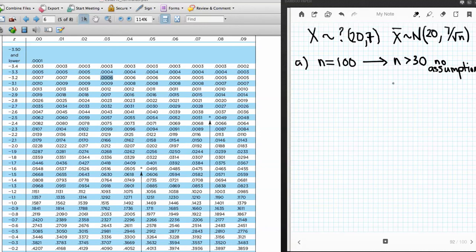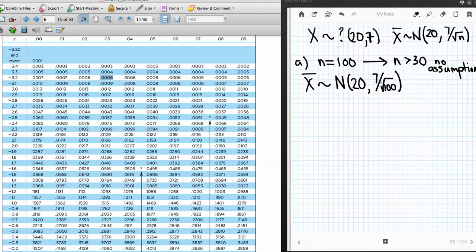So the X bars we will know to be normally distributed. Their mean will be the mean of the x's, and their standard deviation will be the standard deviation of the x's divided by the square root of the sample size. And that answers that entire question.